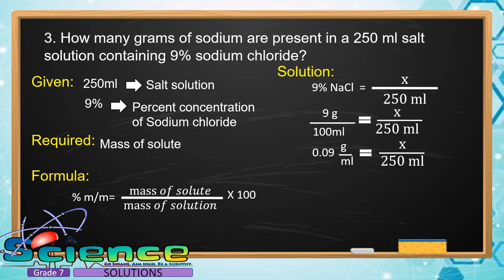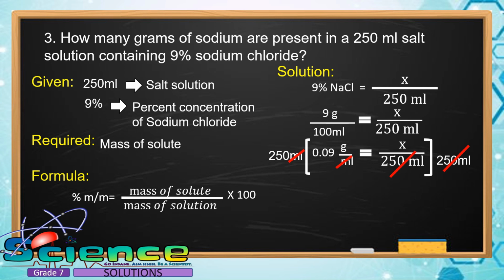Then we will be multiplying 250 ml on both sides. In this, to remain with X only, we will cancel 250 ml on this side of the X, and the units on the other side.